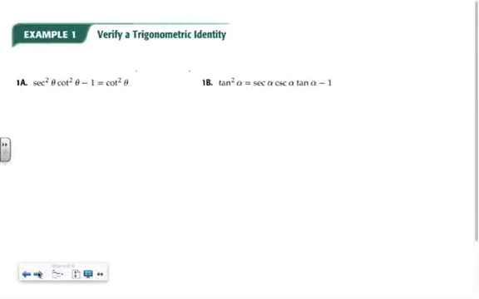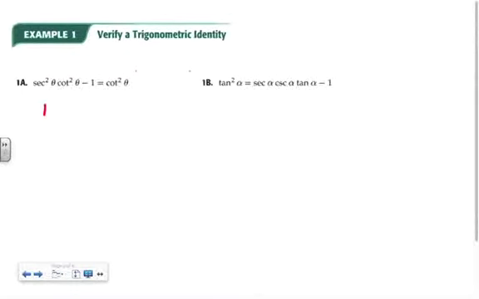In example 1, I look at part A and I notice that the left side seems more involved than the right side, so I'm going to work with the left side. So I have secant squared and cotangent squared. So maybe a good first step might be to break those down into sines and cosines.